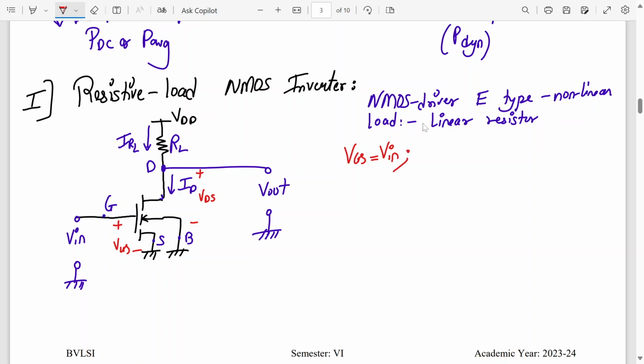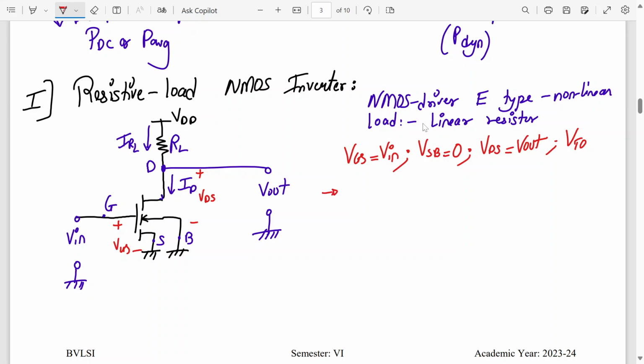Yes or no? And what is VSB? 0. What is VDS? Or output, right? Agree? So the threshold voltage of the MOSFET is VTO, without substrate bias effect.